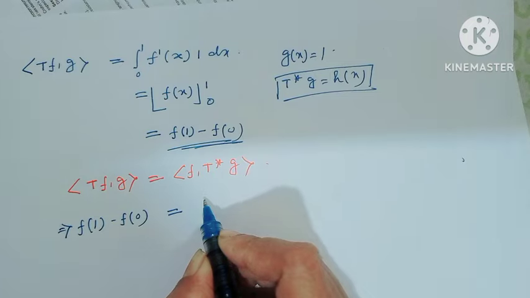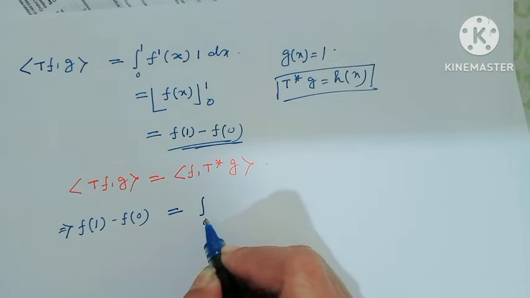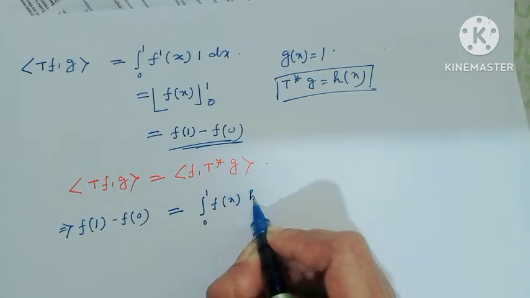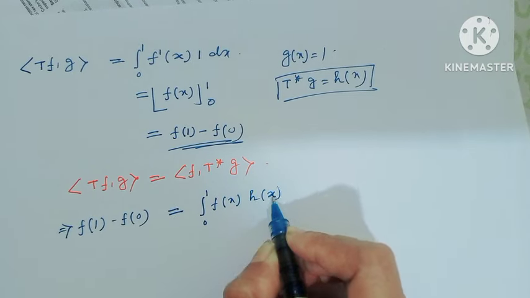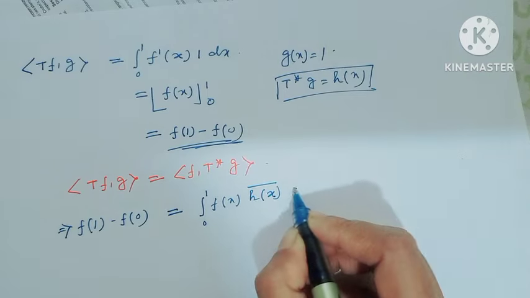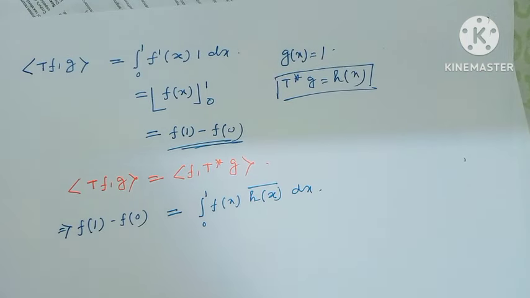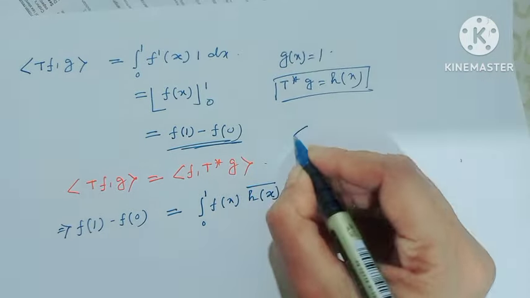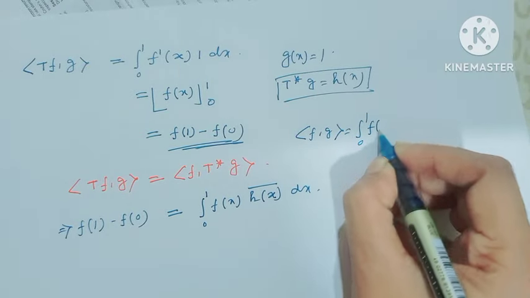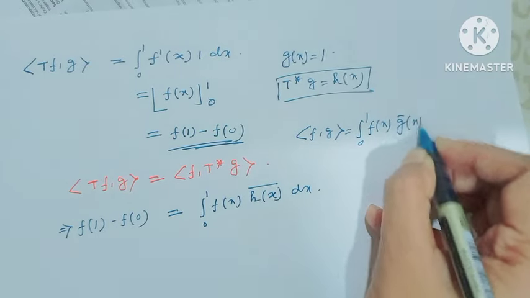So this value is equal to the integral from 0 to 1 of f(x) times h(x) bar, by the defined inner product, because the inner product of f with g is defined as the integral from 0 to 1 of f(x) g(x) bar dx.